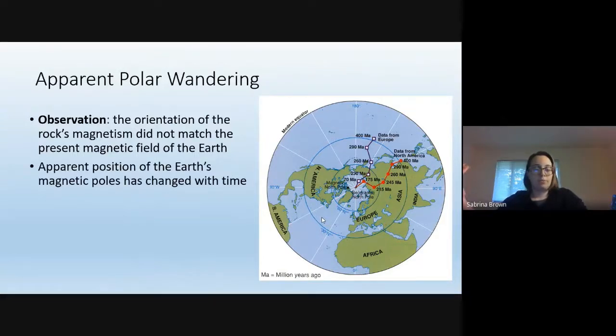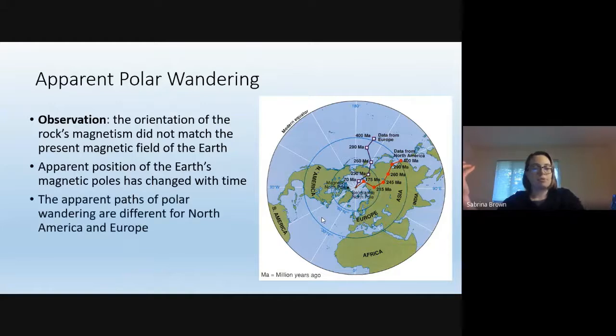And we can see that recorded in rocks and infer that from rocks that we find. And not only has it appeared to change through time, but they looked different in North America and Europe, right? So we have data from North America that plots that polar wandering here, and we have data from Europe that plots that polar wandering here.